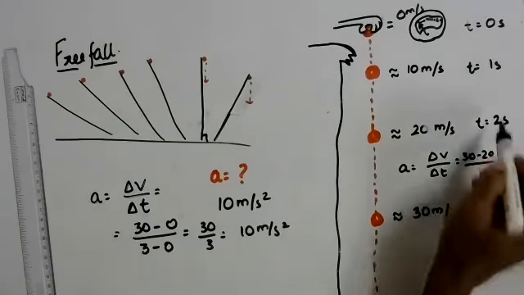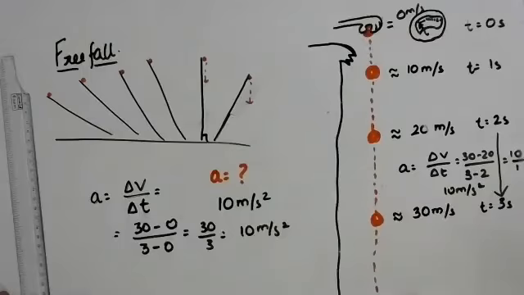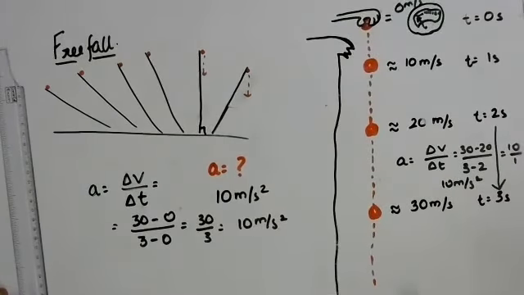So what do we get? 10 by 1, 10. So therefore 10 meters per second square. So whichever time interval you take, if you apply delta v by delta t, then you are going to get exactly the same answer, and therefore our conclusion is correct. Is that fine? Get it now? Yes, sir.